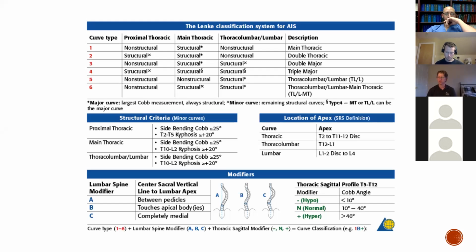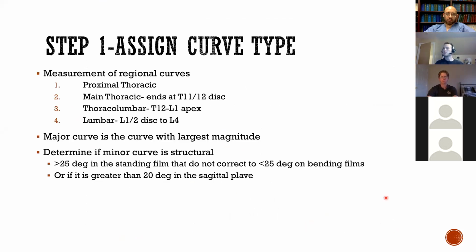It takes into account what the curves look like, whether or not the curves are correctable or flexible, the midline alignment, and also the sagittal alignment. This is more of a resident thing, but it's good for you guys to know.